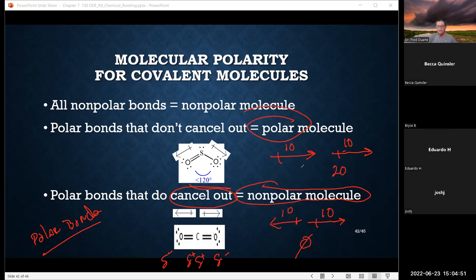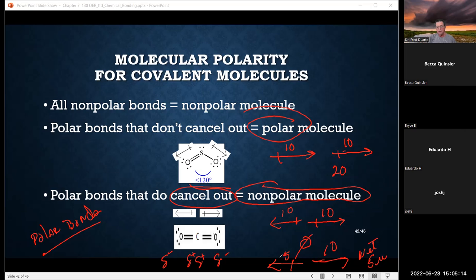Now, in this example I had 10 units to the left and 10 units to the right. If it was 5 units to the left and 10 to the right, wouldn't I end up with a net of 5 units?